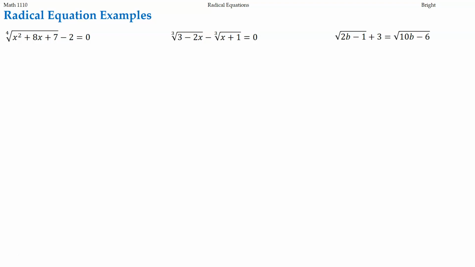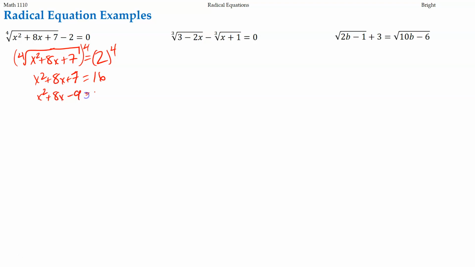Okay, so the first one, again, if you isolate the radical, you end up with the fourth root of x squared plus 8x plus 7 is equal to 2. Isolate, and then take each side to the fourth power. The radical cancels and you get x squared plus 8x plus 7 equal to 16 on the other side, and then x squared plus 8x minus 9 is equal to 0.